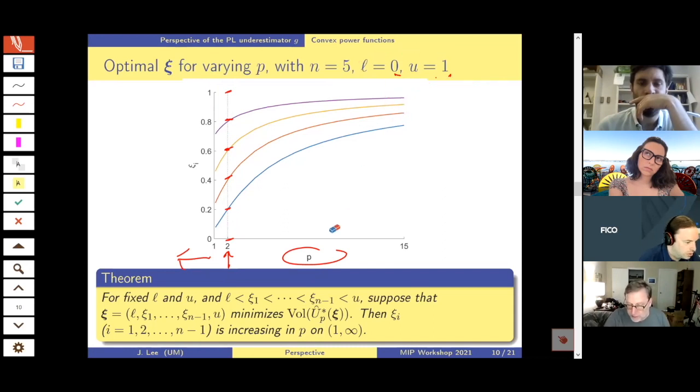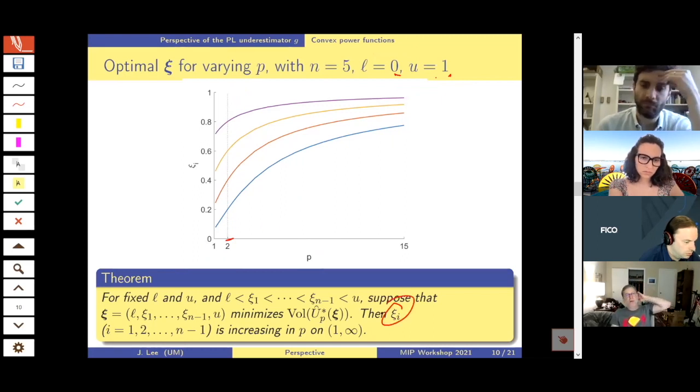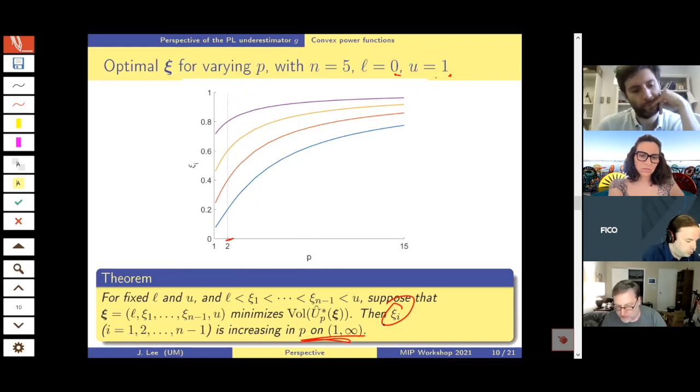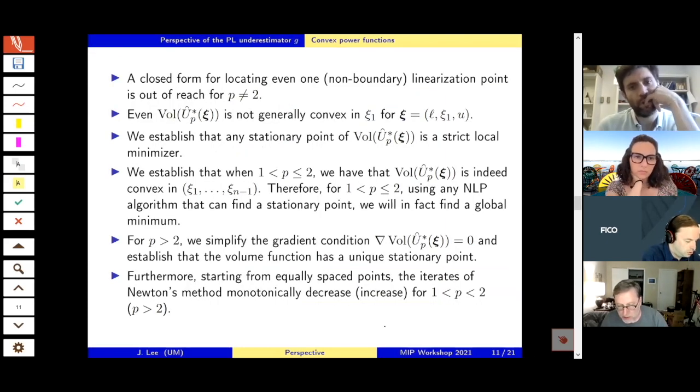We can prove this in general, not just this one picture, but generally speaking, the optimal ith breakpoint, when you fix the number of breakpoints, is increasing in the power. So it's just here summarizing a few other results that we have. First of all, just some observations. Getting a closed form expression for even one breakpoint for power functions that are not quadratic seems to be out of reach.